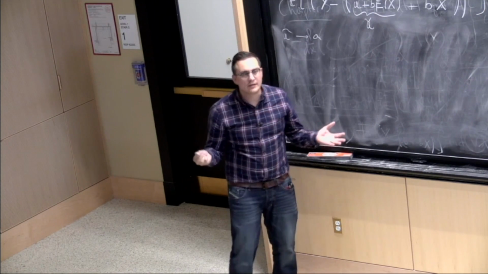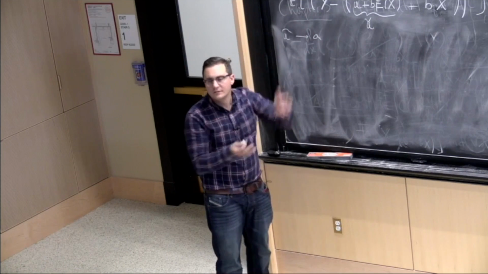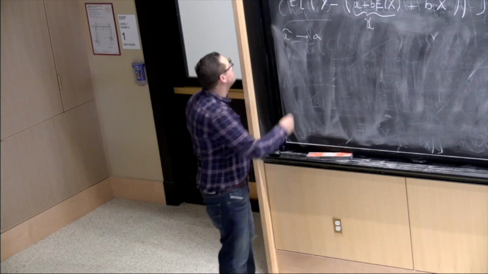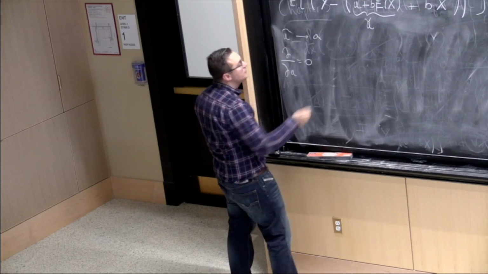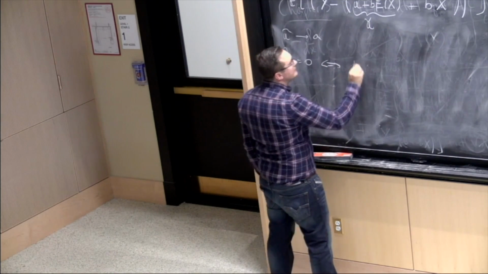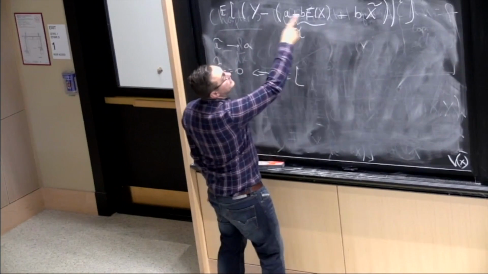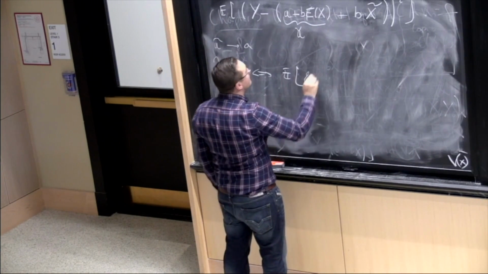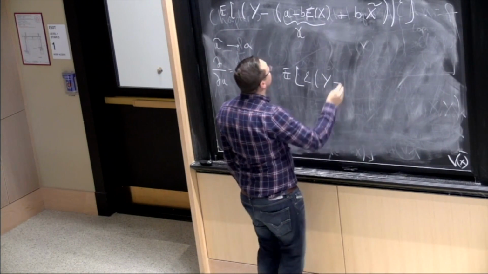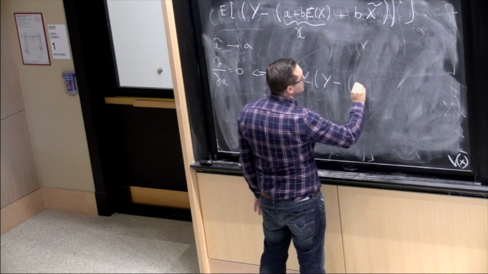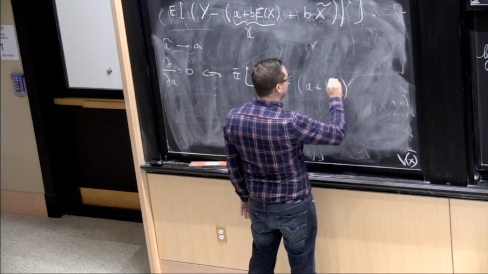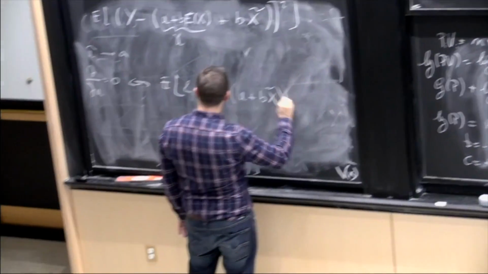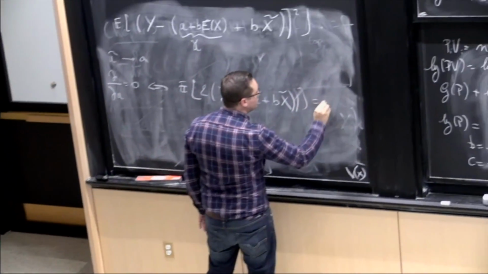Derivative equal to 0, right? So here it's a quadratic thing. I take the derivative, set it to 0. So I'm first going to take the derivative with respect to a and set it equal to 0. That's equivalent to saying that the expectation of, well, here I'm going to pick up a 2, y minus (a plus b x tilde) is equal to 0.